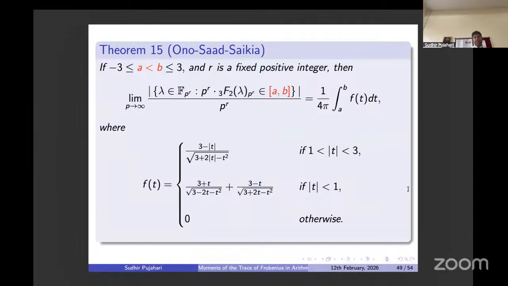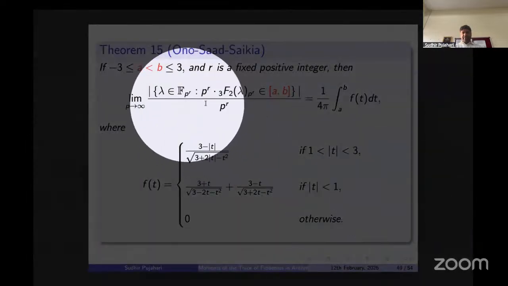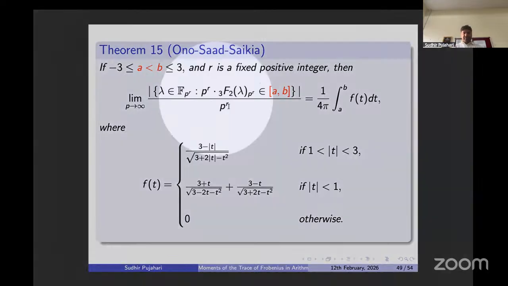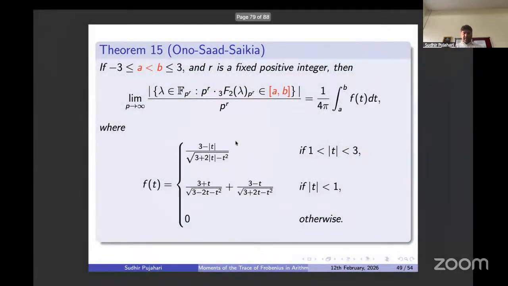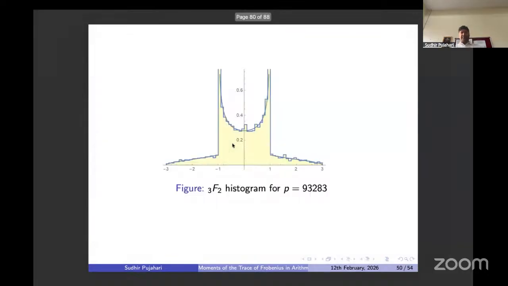And the methods being used are quite similar. And for 3F2, if you look at lambda belonging to F_p star and you vary the prime, they are going to be distributed according to what they call the Batman distribution.